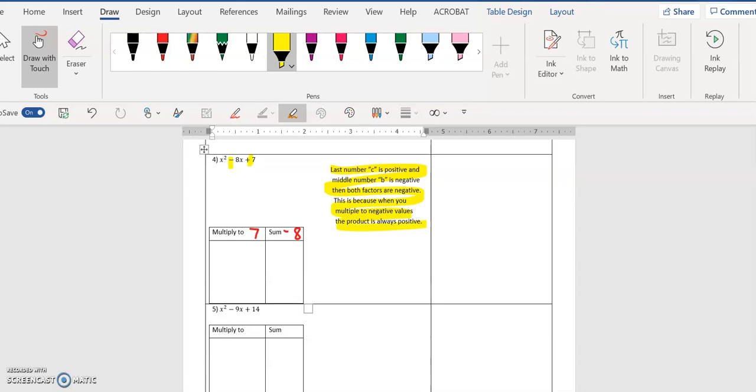When the last number C is positive and the middle number B is negative, both factors are negative. The reason for this is because a negative times a negative will create a positive, and a subtraction sign in the expression means that at least one factor has to be negative. So we need to find two negative numbers that multiply to 7 and add together to be negative 8.